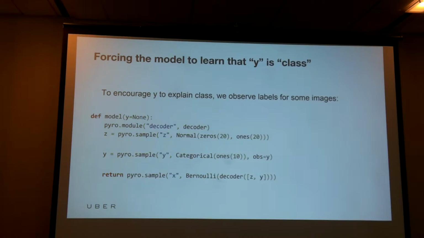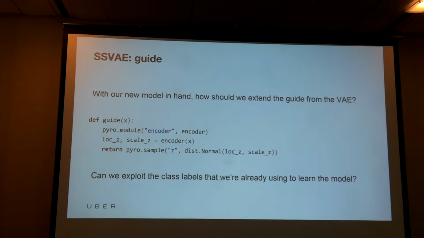Remember, the name of this tutorial on the Pyro website was the SS, Semi-supervised VAE. We call it semi-supervised because we're using a few labels here to help the model behave in the way that we would like. So we have a model in hand which we should be reasonably happy with.